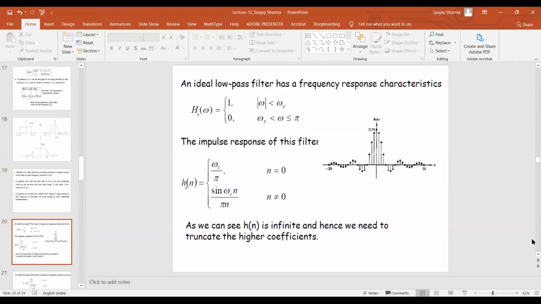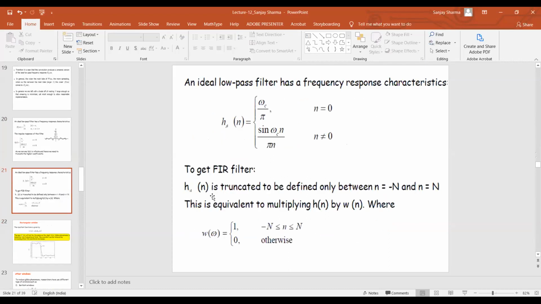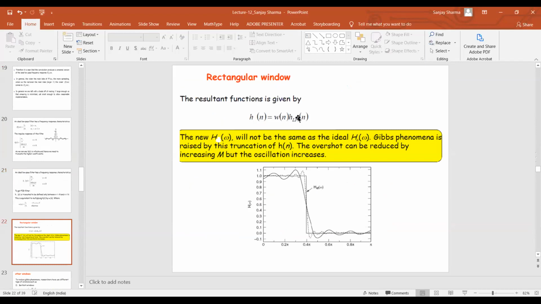Here, this HLP or HDN, the infinite impulse response of the low pass filter, is multiplied with the WN, and we get the HN, which is the FIR filter response.